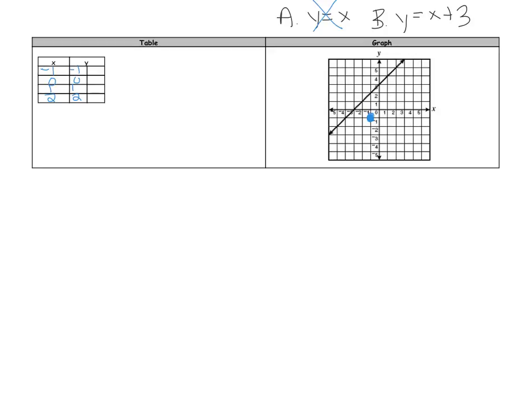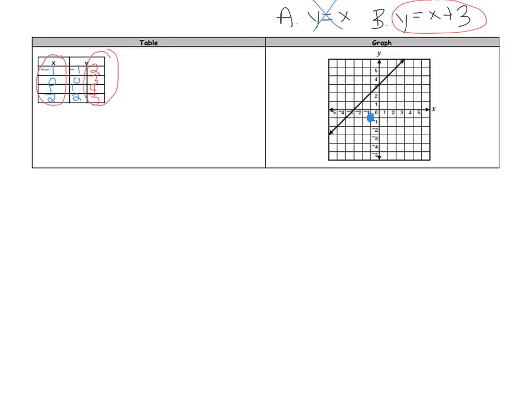So now I'm going to try the rule, y equals x plus 3. So I'm going to add 3 to all of my x values. So 3 plus -1 is 2, 0 plus 3 is 3, 1 plus 3 is 4, and 2 plus 3 is 5. So now these are the ordered pairs that I'm going to go ahead and plot now.